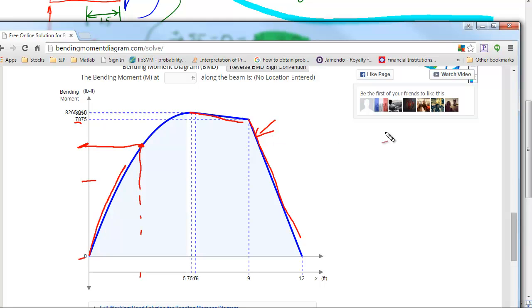So I'm going to call this to a close, and we're going to come back to this very same problem, and we're going to determine the loads there, shear and moment, as a function of x.